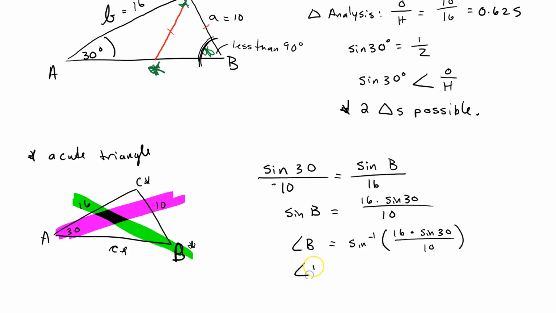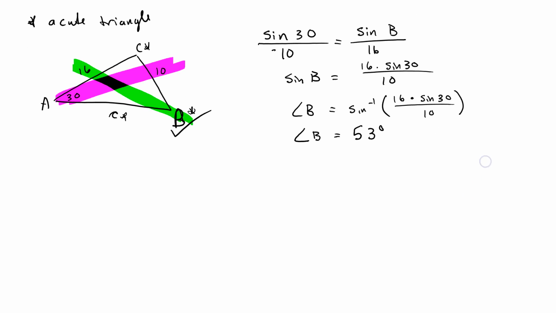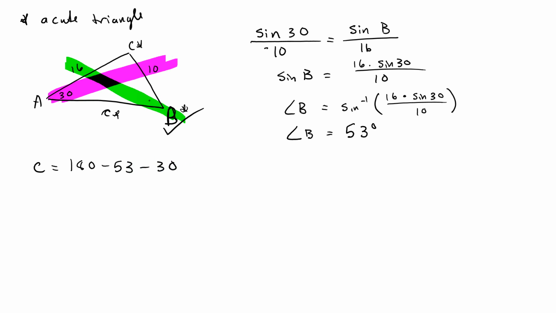So that means that angle B is 53 degrees. So now we've solved for B. Woohoo! C is simply 180 minus 53 minus 30, because now we know what B is.